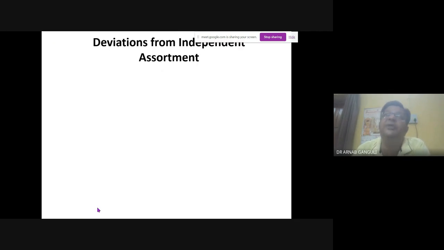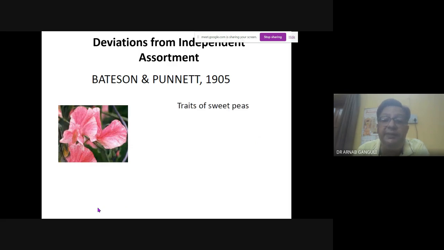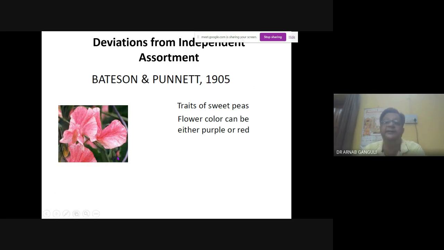So there were deviations from this independent assortment. You did not get the ratio of 9:3:3:1. So Bateson and Punnett in 1905 did this experiment. The characters of sweet pea which were chosen are flower color, which can be purple or red.